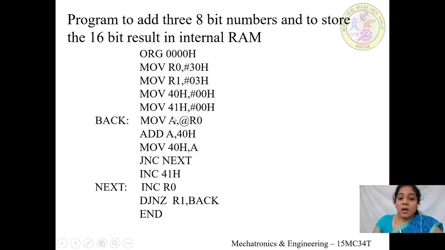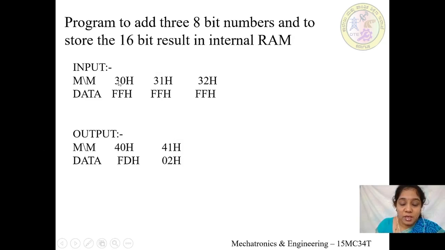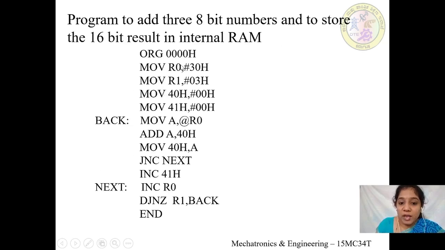Next, what is the next step? For any arithmetic operation, the data should be in the accumulator. So the next step is I have to take the data into the accumulator. Where is the data? The data is at memory location 30H, but my R0 is having 30H.